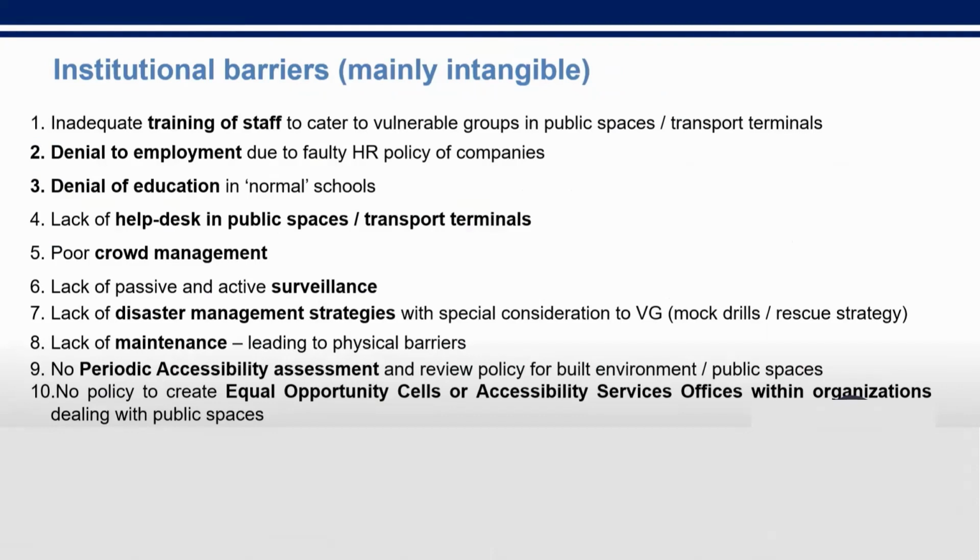This can be considered in that particular institutional barrier, with special consideration to mock drills or rescue strategy. Lack of maintenance leading to physical barriers. So, no periodic accessibility assessment and review policy for the built environment, that is public spaces. No policy to create an equal opportunity cell or accessibility services offices within organizations dealing with public spaces.